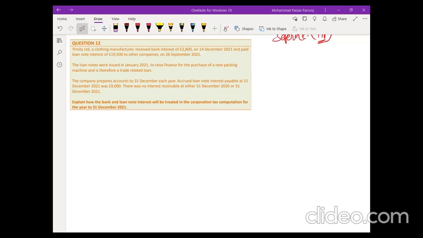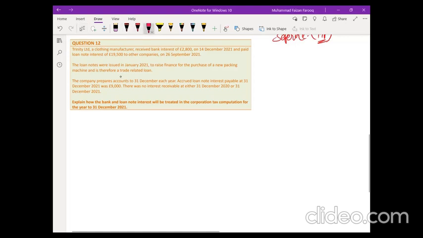The company prepares accounts to 31st December each year. Accrued loan note interest payable at 31st December 2021 was 9,000 pounds. There was no interest receivable at either 31st December 2020 or 31st December 2021. Explain how the bank and loan note interest will be treated in the corporation tax computation for the year to 31st December 2021.